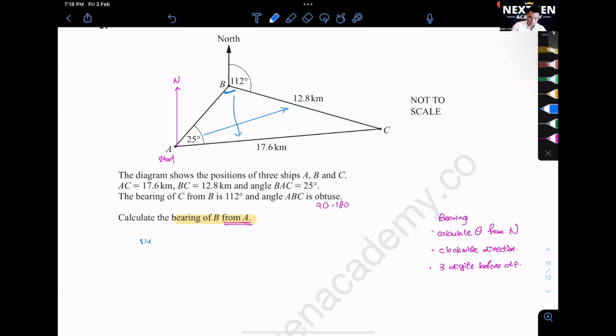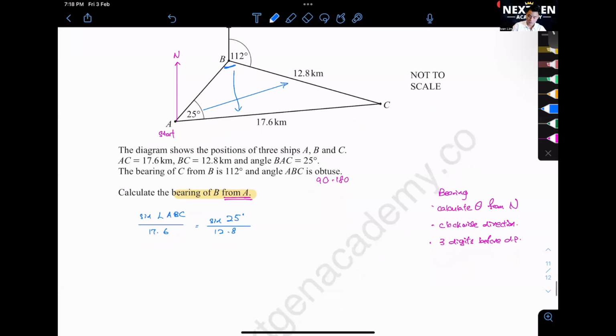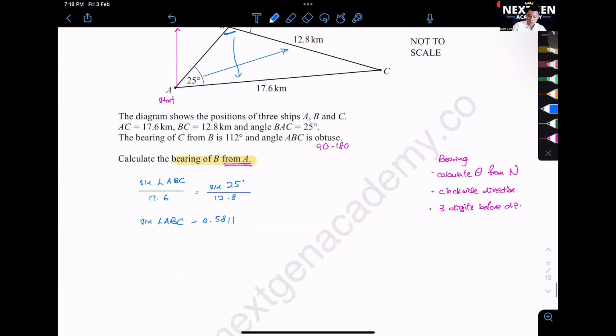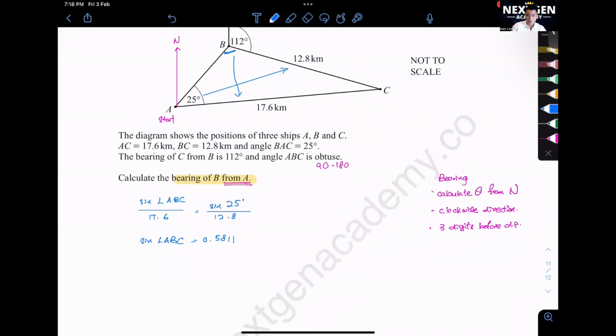So sine ABC over 17.6 is equal to sine 25 degrees over 12.8. Rearranging the entire thing, sine ABC is equal to 0.5811.